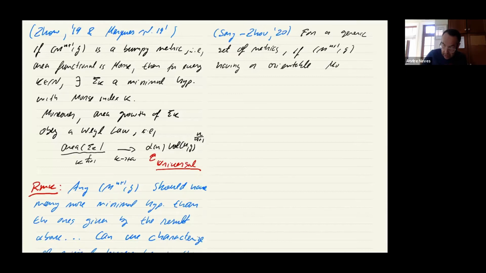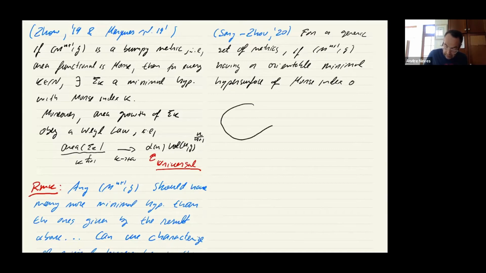orientable minimal hypersurface of Morse index 0. Let me draw a picture here. So this would be the manifold.